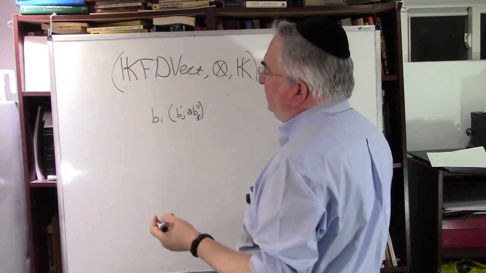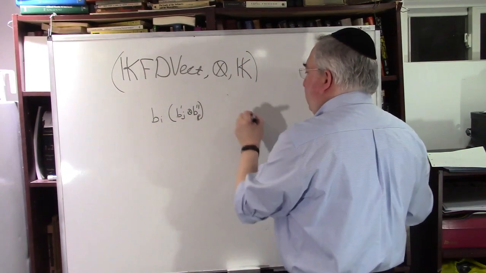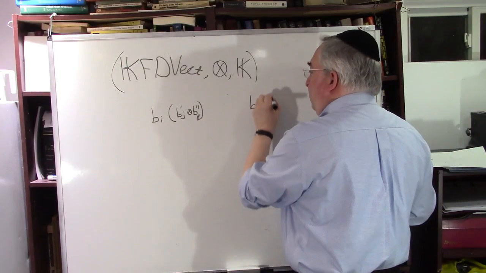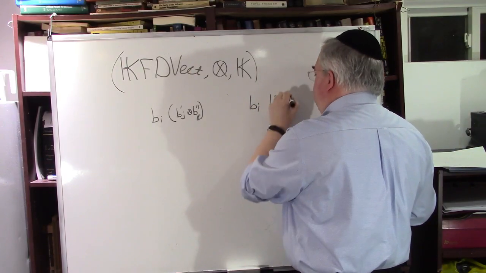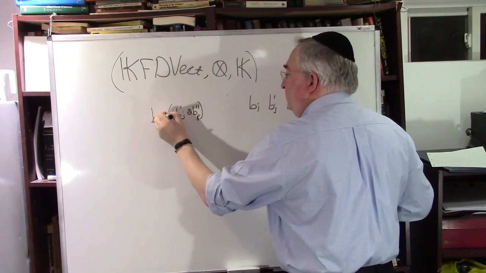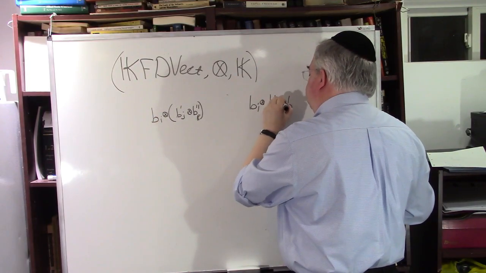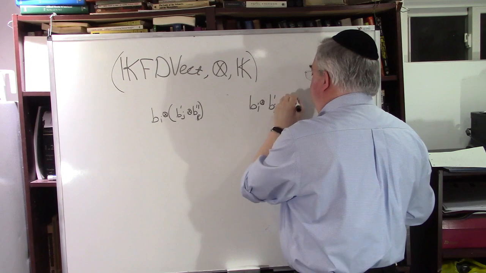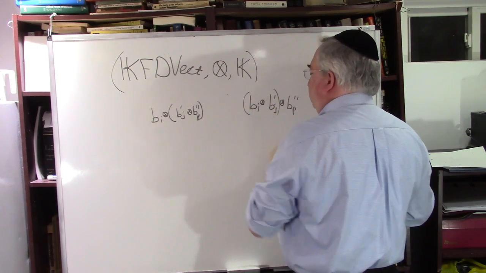That's a typical element if you do it on one side. But you're also going to have the other grouping, with the tensors placed differently, ending in B p double prime. You can also talk about that.